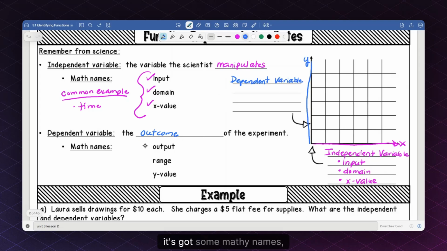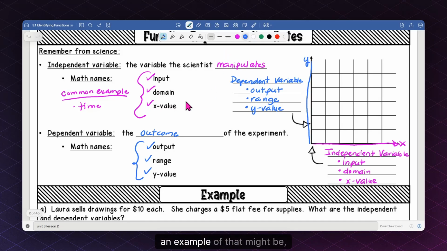And it's got some mathy names too. And so one of those is the output. So we can write that here. Another one is the range. We can write that here. And then another one is the y value. Okay, so that would go on your y-axis.